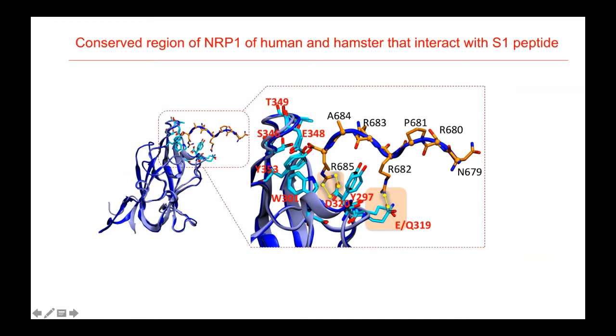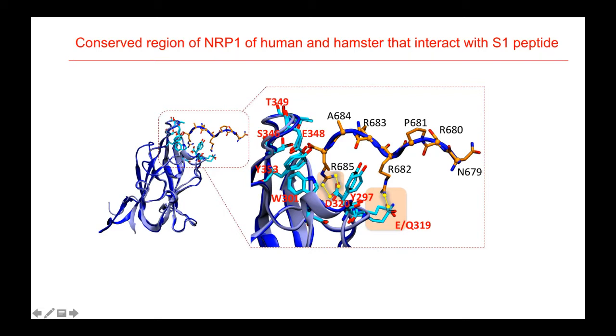If you zoom further, you can see the interaction that has been shown in the Science paper. We also see that this interaction is conserved at D320 in both human and hamster. However, we identified an additional interaction by this modeling that was not shown in that paper.